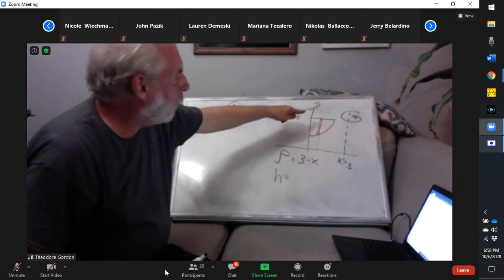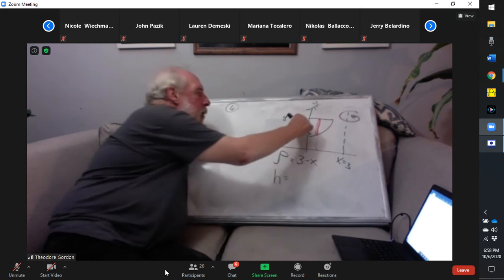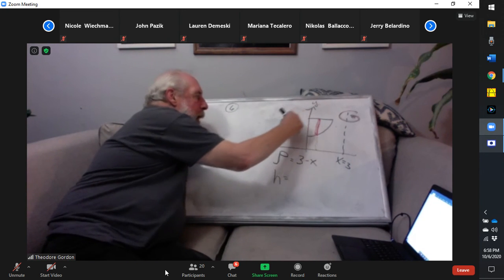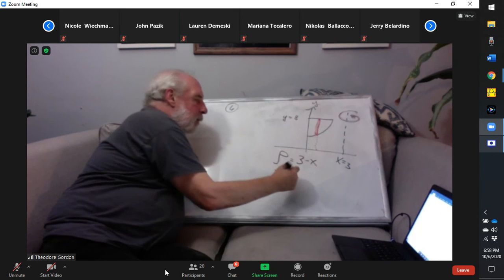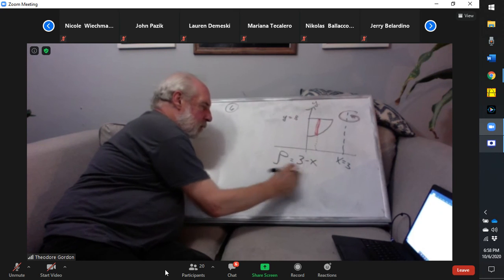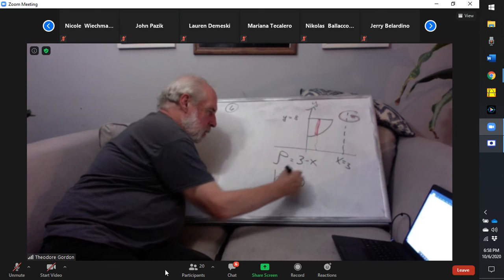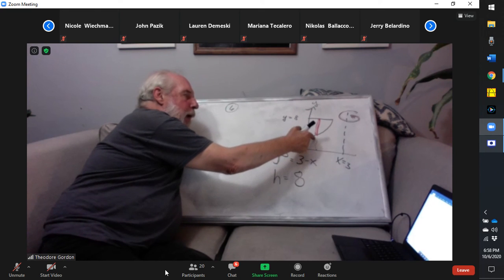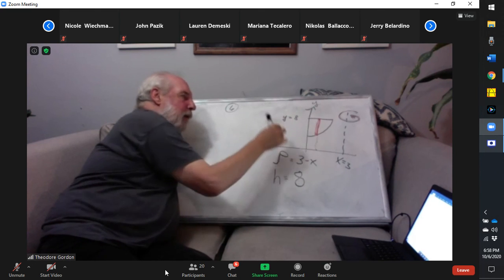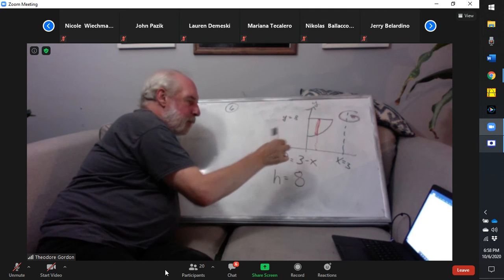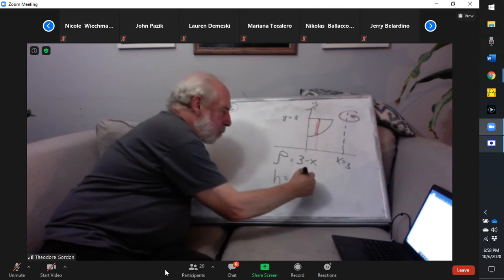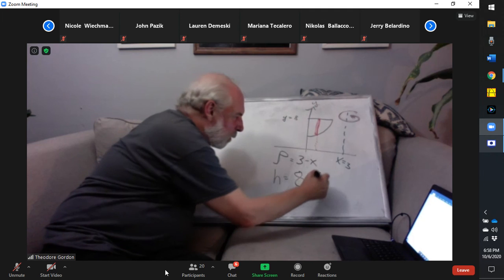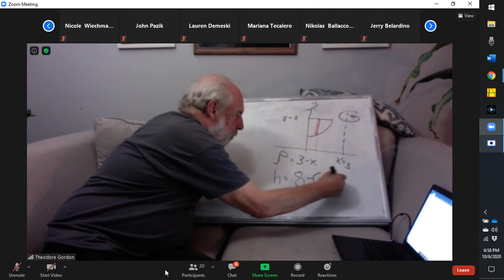The top of this region is parallel here, so the top is always 8 high. So the height is 8. Oh, geez, markers aren't working. And then we have to take away this empty space here. We got to take that away, and that's the function. And so we do minus x squared plus 4.